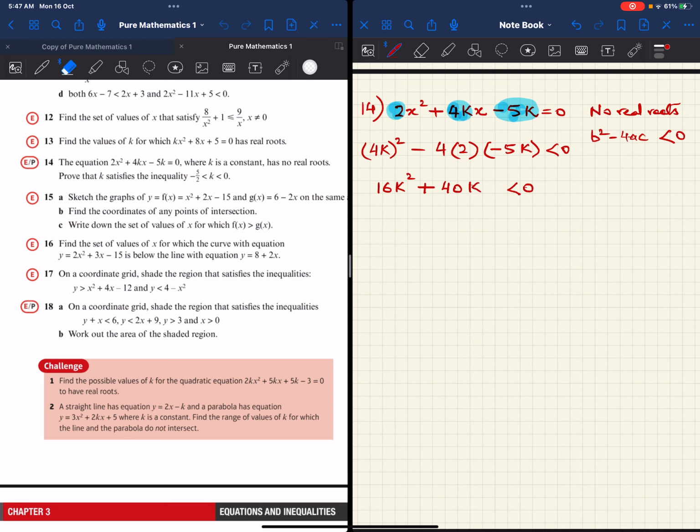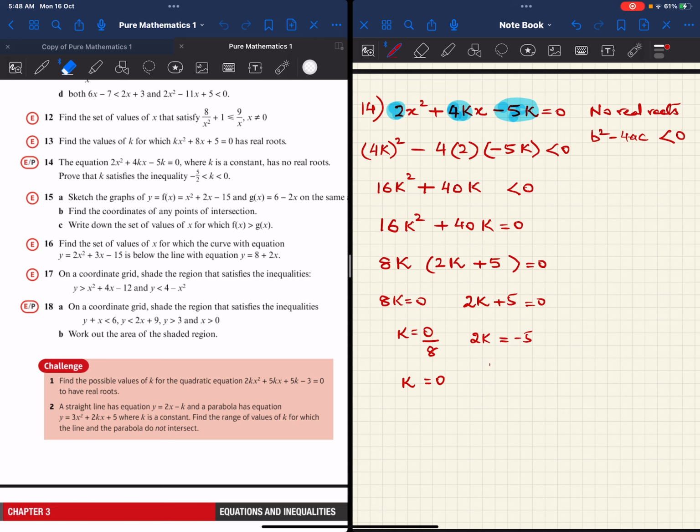To find critical values, we equate this to 0. 8 is common and k also. So 8 2s are 16, 8 5s are 40. So critical values are 8k is equal to 0, 2k plus 5 is equal to 0. k is equal to 0 divided by 8, therefore k is equal to 0, and 2k is equal to negative 5, k is equal to negative 5 by 2.